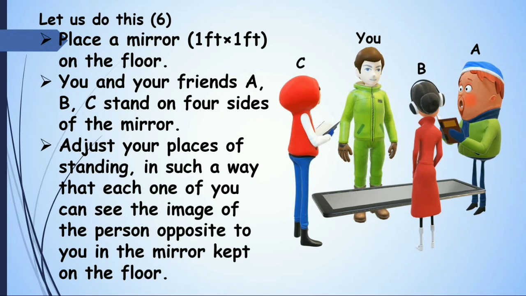Like in the image, you, A, B, C are there. Now a mirror is placed on the floor. Now person B directly sees you, and you can see person B, and C can see person A, your friends.